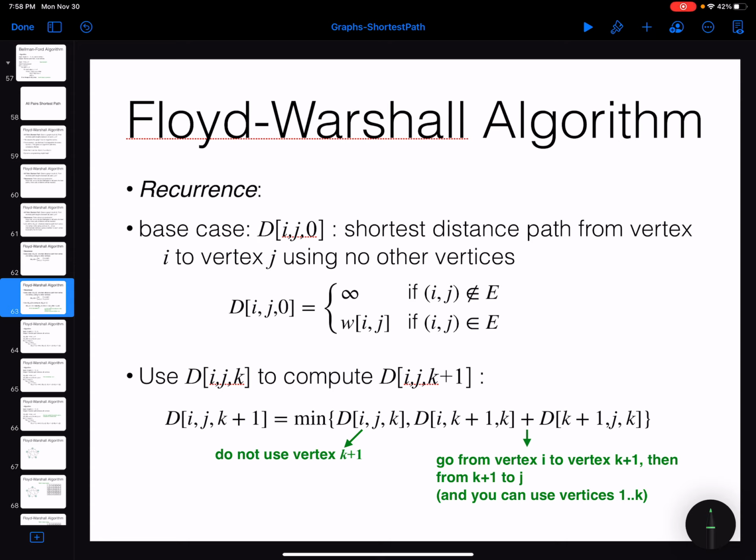So it is basically the full recurrence relation. I'm just trying to explain it one more time from scratch.